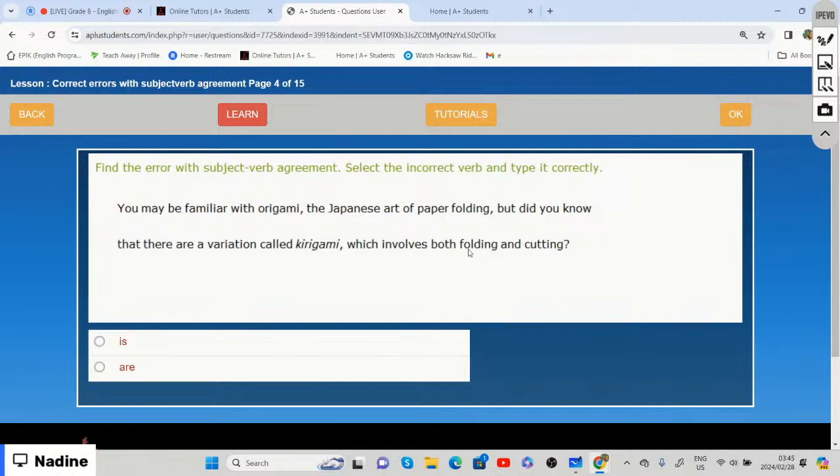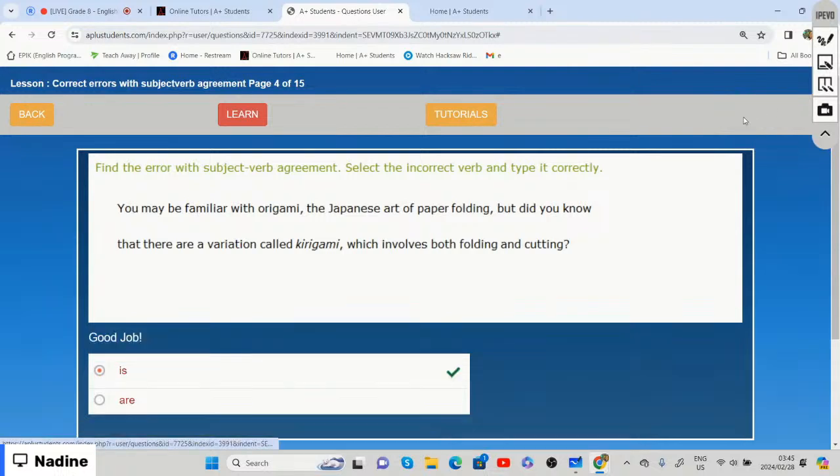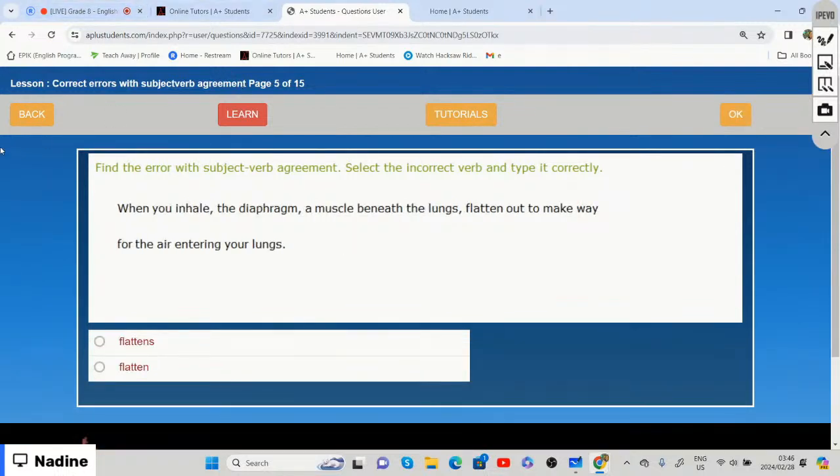So we can say, there is a variation. The correction is: is.